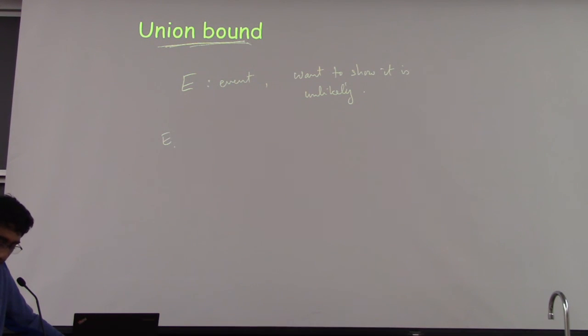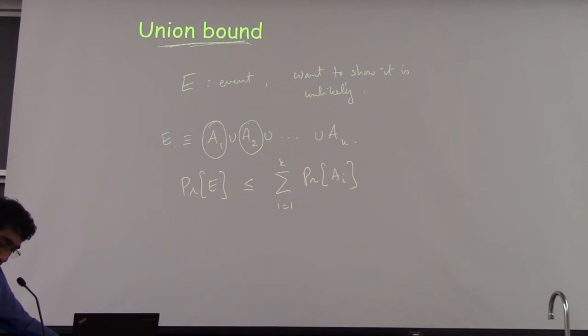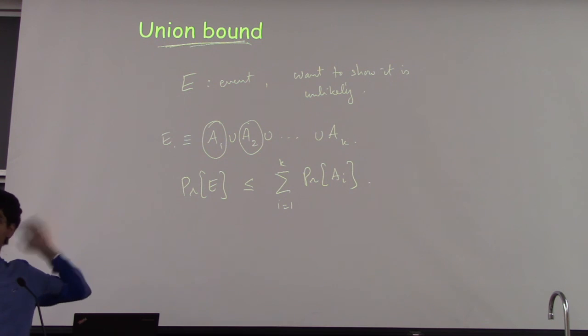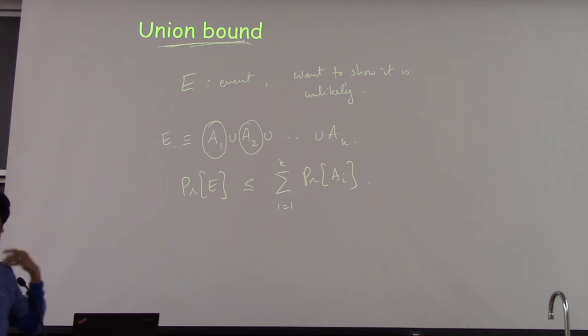One way to write this is to say that E is A1 union A2 union and so on up to Ak. You divide into as many events as you want per your convenience, and now you bound the probability of each. Formally, the probability of E is smaller than or equal to the sum over i from 1 through k of the probability of Ai. This is almost trivial to state, intuitively extremely trivial, but it turns out to be very powerful.